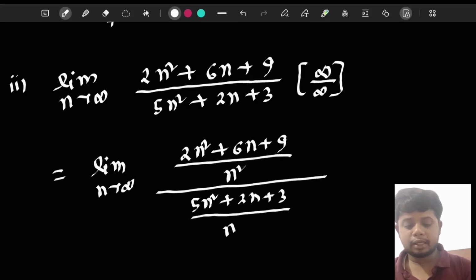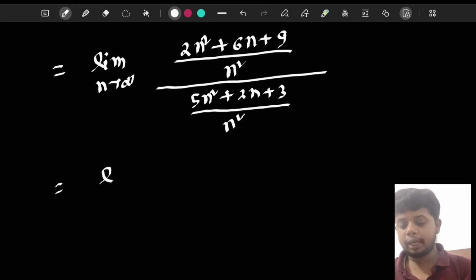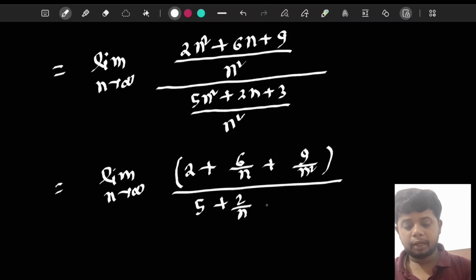So this will become limit n tends to infinity of (2 plus 6 by n plus 9 by n square) over (5 plus 2 by n plus 3 by n square).